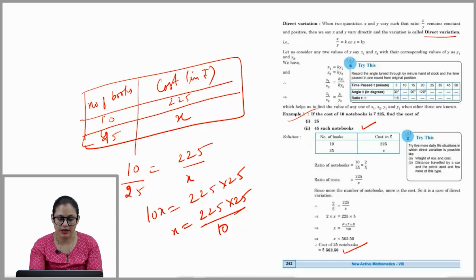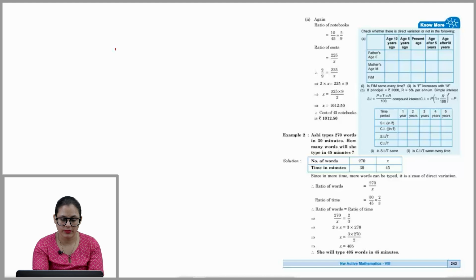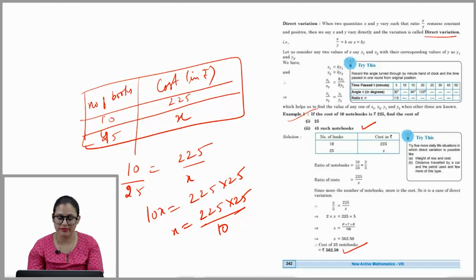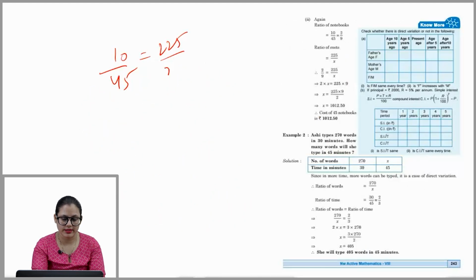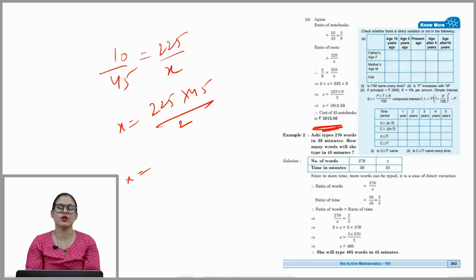So 10 by 45 is equal to 225 by x, and x is equal to 225 into 45 by 10. So the value of x is this. That means the cost of 45 such notebooks is rupees 1012 and 50 paise, right? Similarly, you will do example 2 also.